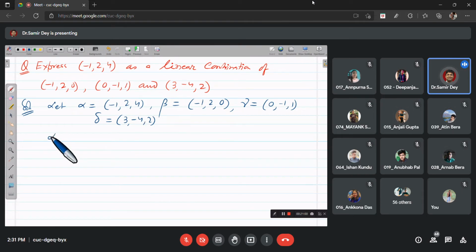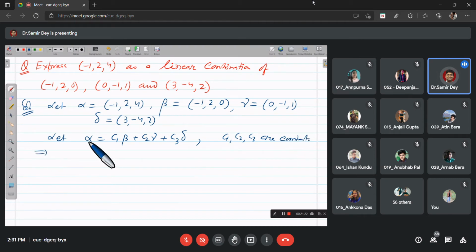Now you write down, let alpha is equals to C1 beta plus C2 gamma plus C3 delta. Correct? C1, C2, C3 are constants.